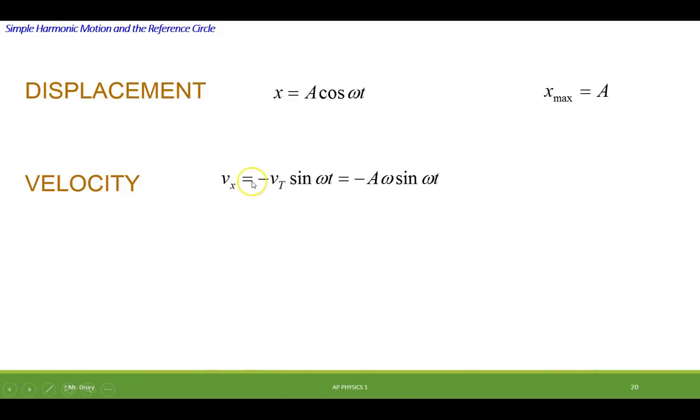Velocity, on the other hand, we had it negative because it was moving in the negative direction compared to the displacement, is equal to negative v_t sine omega t. And we found out that we could replace v_t with a omega, so it's negative a omega sine omega t. So what would be the maximum velocity in the x? Well, when the term sine omega t is 1, we'd end up with velocity max equal to the max tangential velocity, or omega times a, or a omega.